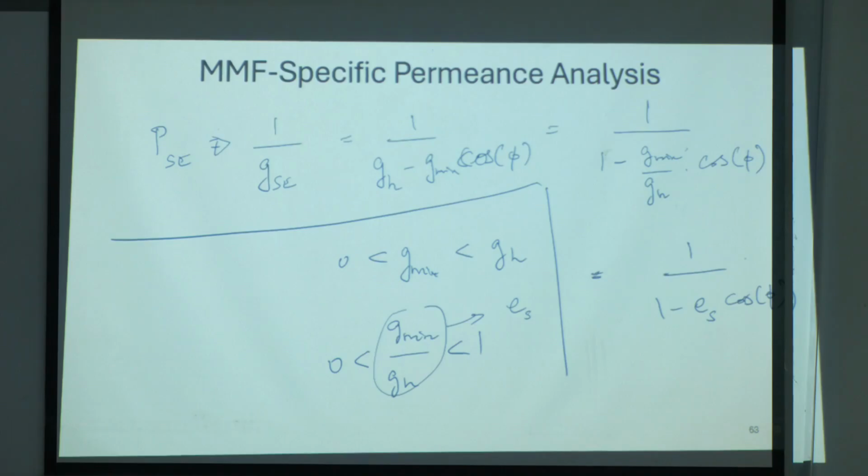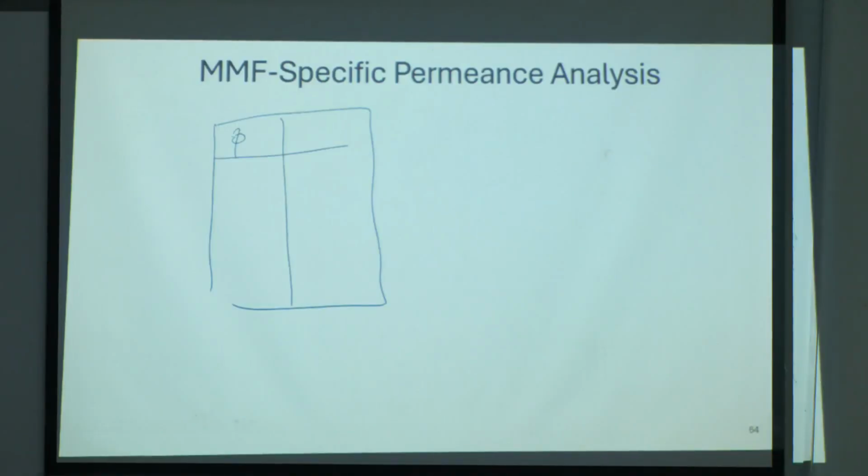This is the expression for our permeance function. Now I am going to let you substitute different values of angle. ES in this example is 0.5, severity is 50%. Substitute different values of phi and create a table. For different values of phi, what is the permeance function? So at 0 degree, what is the permeance function value?